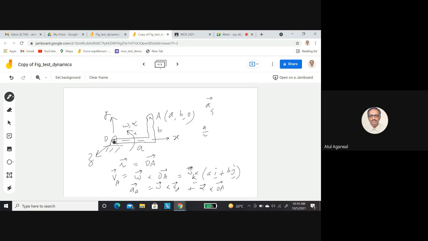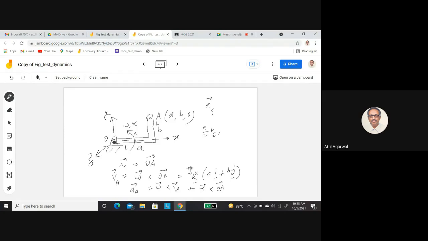Suppose both the lengths are L, then both parts will be equally heavy. This is a uniform bar, so a by 2 times M by 2. This is half of the mass, this is half of the mass, and this is at position a by 2.